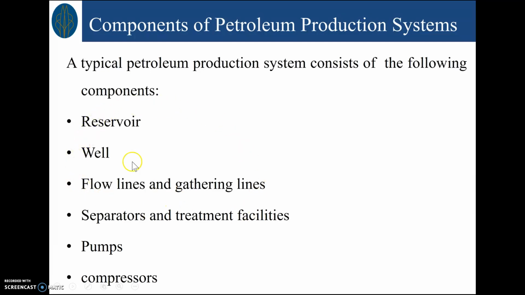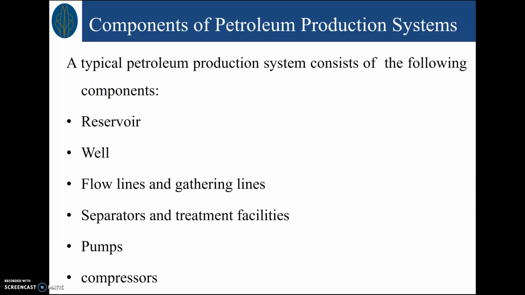Of course, in wells we have other components, subsurface components like packers, like the subsurface safety valve, sometimes a subsurface choke, and some restrictors downhole. We sometimes have metering systems, pressure gauges, temperature gauges, and so on.